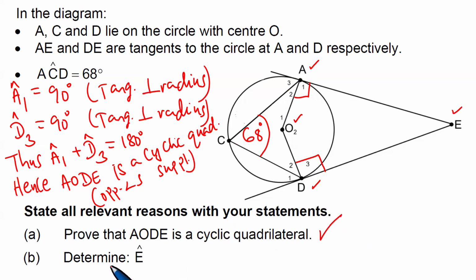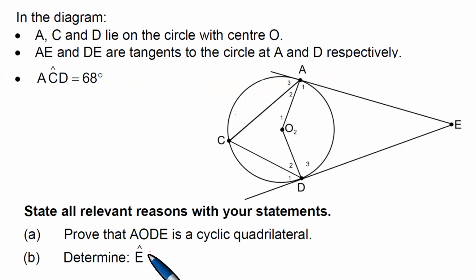The next thing to do is to determine the size of the angle E. We want to find the size of the angle E, and we proceed to find it. We remember that angle ACD, this angle here, is equal to 68 degrees, when this equals 90 degrees and that equals 90 degrees. So to find the size of this angle here, angle E, we proceed as follows.